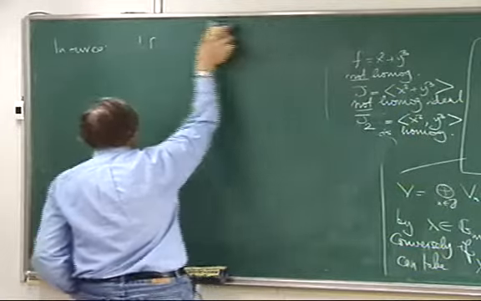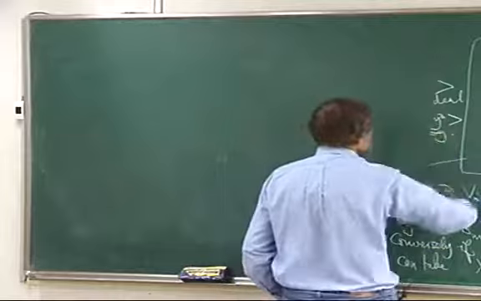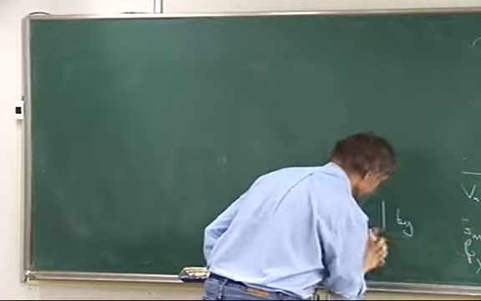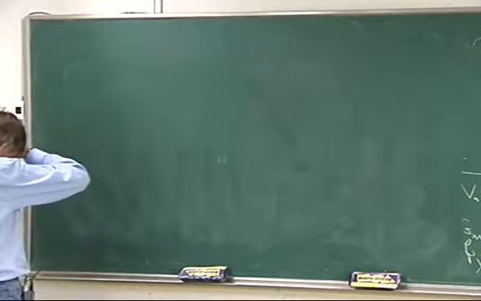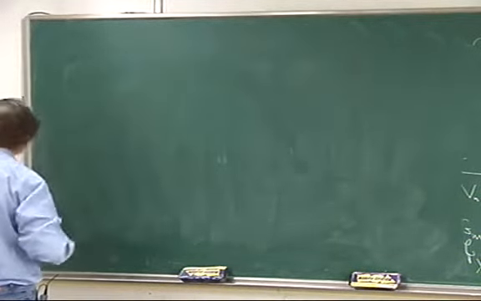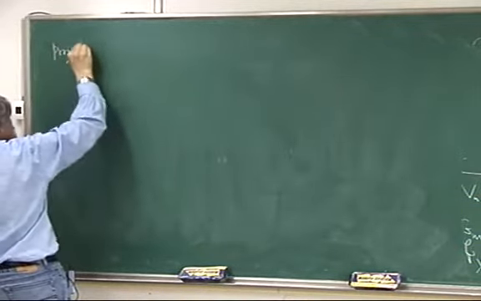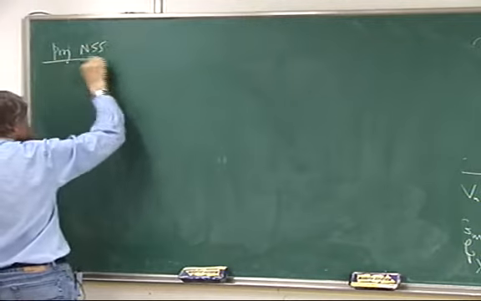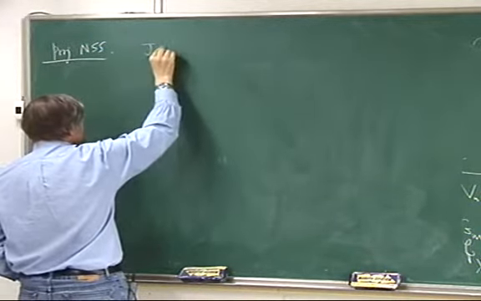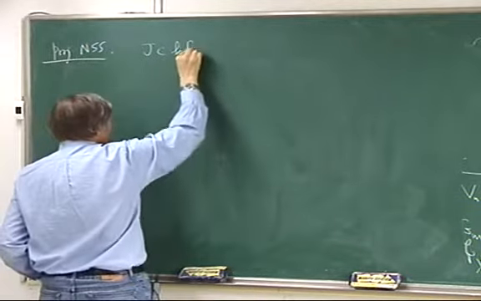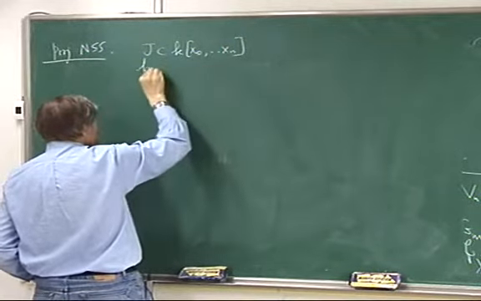So let's do the projective Nullstellensatz. Let's take J in k[x naught up to xn], a homogeneous ideal.